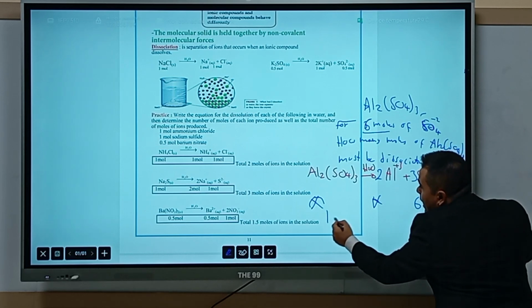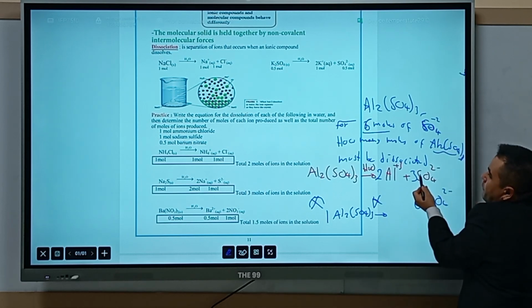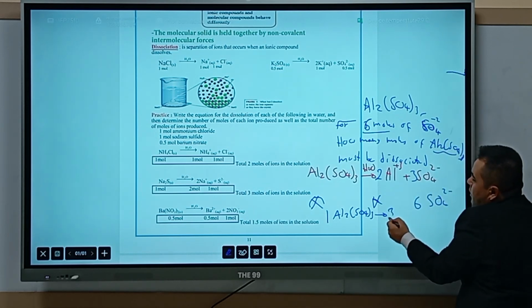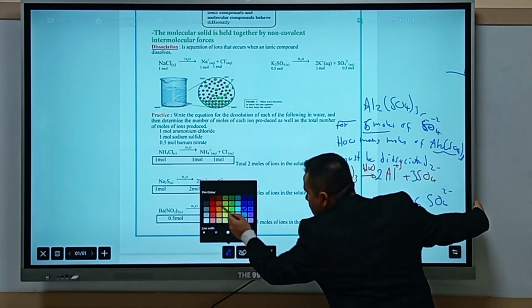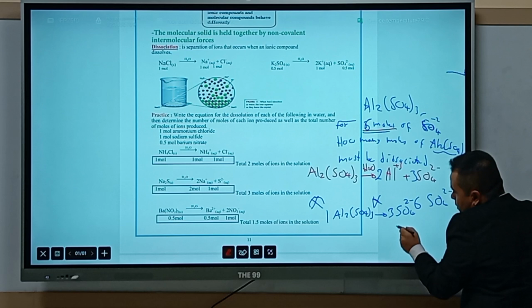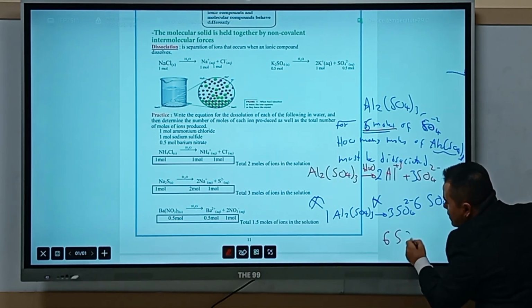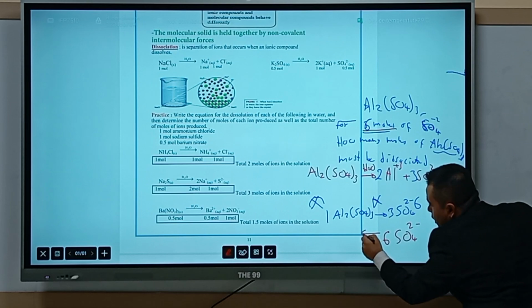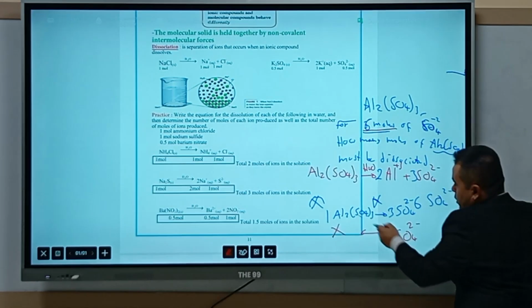So 1 Al2(SO4)3 produces how many sulfate from the balanced equation? 3 SO4 2 negatives. Which quantity is given now? Sulfate. So below the sulfate, write 6 moles of SO4 2 negatives will produce how many moles of aluminum sulfate?